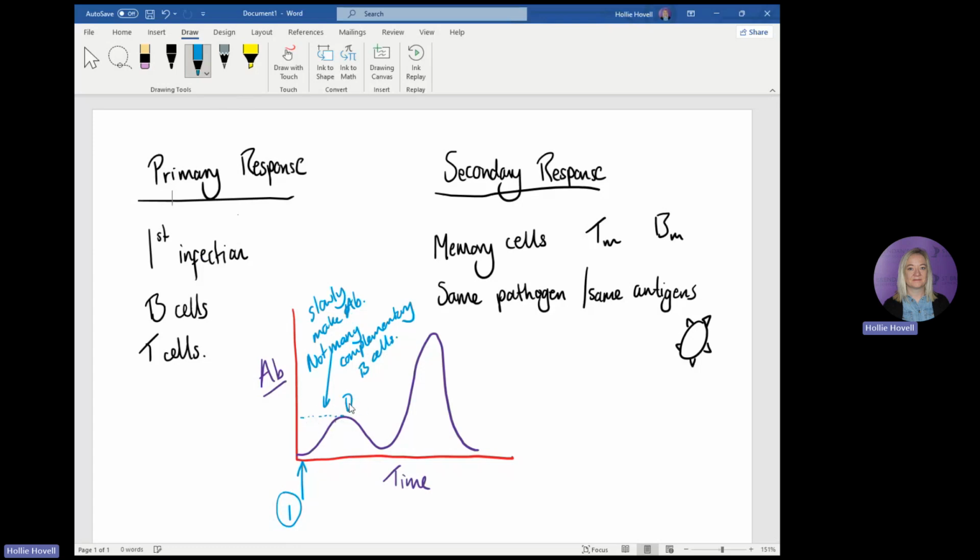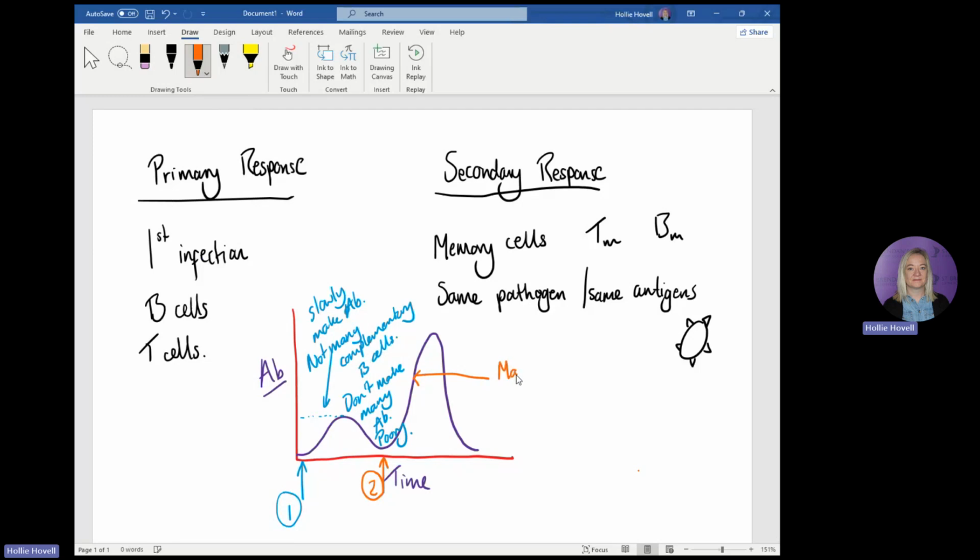Okay, so you don't make many antibodies, and you're likely to feel very poorly. Okay, because that's going to take a long time, and even in the end, you don't get that many antibodies anyway. Now, if you're infected by the same pathogen again, just here, second time you're infected, this line you can see goes up much faster.